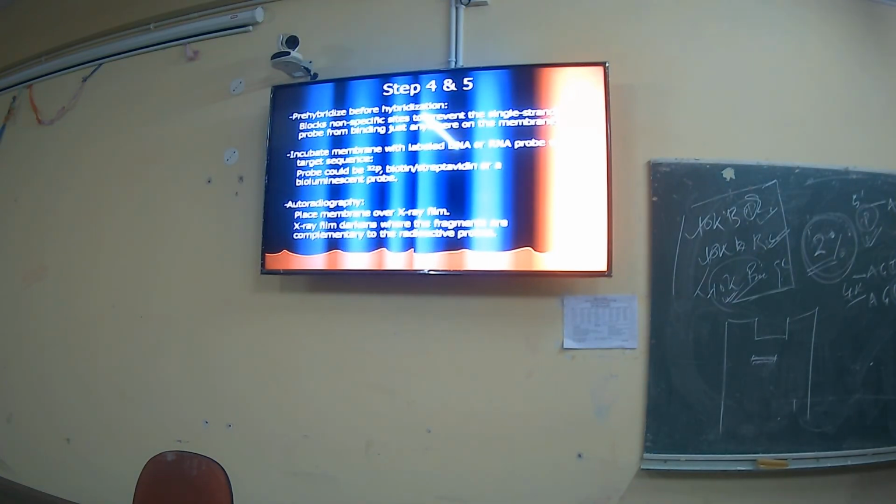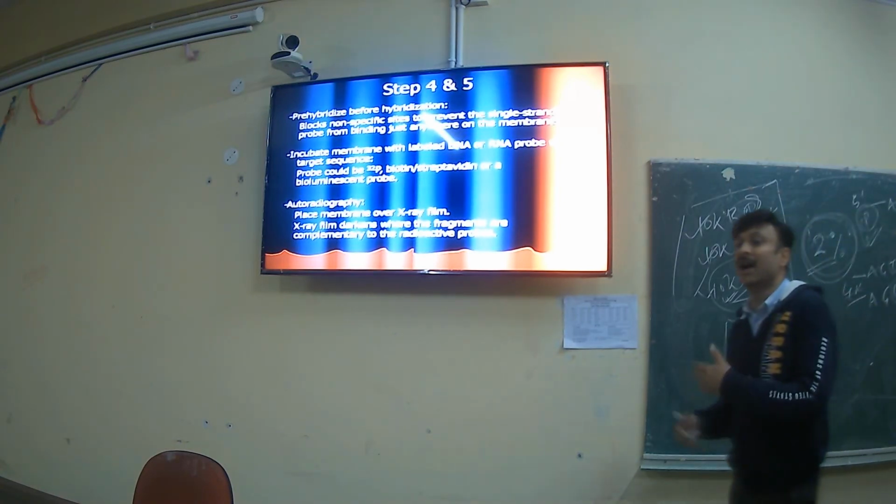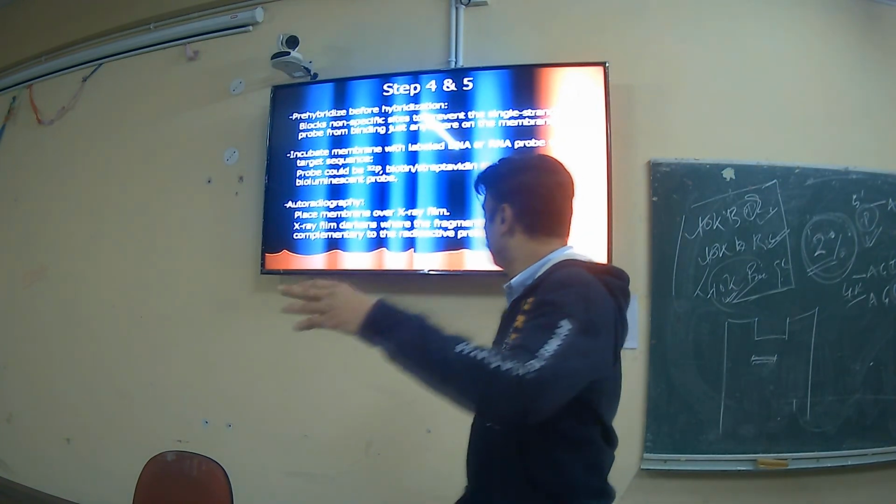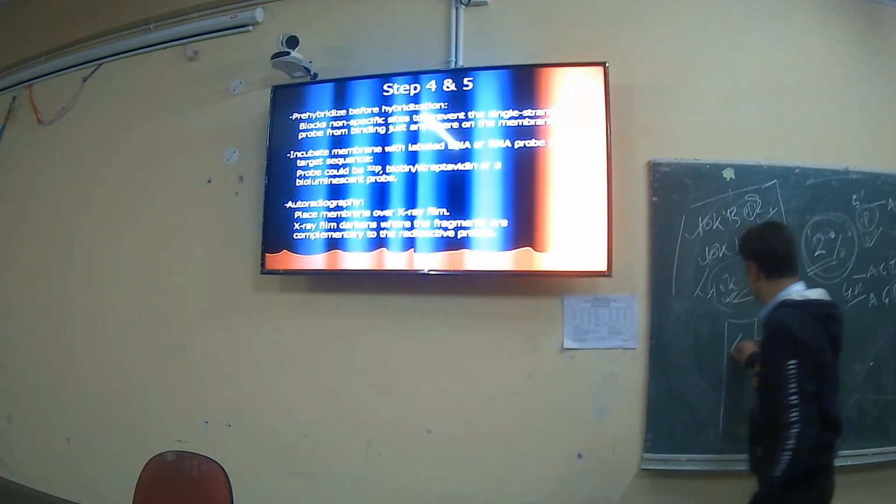The fourth and final step is pre-hybridization, before hybridization, to block non-specific sites. This one is important. We already discussed that. If the nitrocellulose membrane has remaining hydrophobic interactions, then when you use the probe, the probe will bind on those remaining sites.